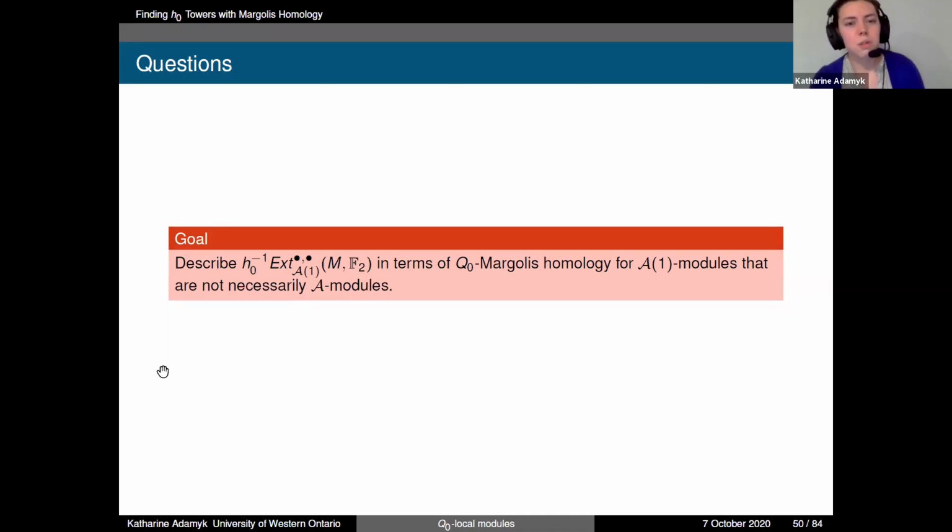Okay, so what actually led me to thinking about this classification was trying to describe H naught inverted Ext over A1 in terms of Q-naught Margolis homology for A1 modules that are not necessarily modules over the whole Steenrod algebra, trying to give a generalization of this theorem.